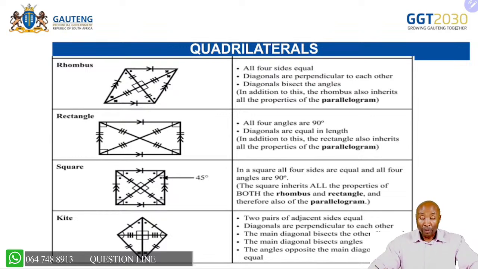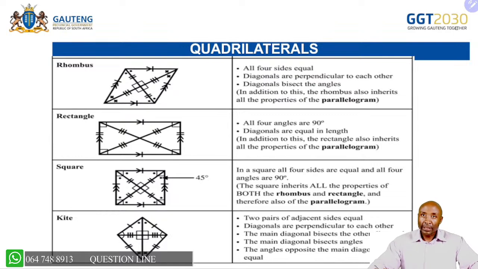Now, we move on. I was giving you a chance to go through the properties of these quadrilaterals. We know that a parallelogram and a rectangle have the same properties save for the interior angles. Those are the ones that are different, as well as the other difference that in our parallelogram, the diagonals bisect each other.